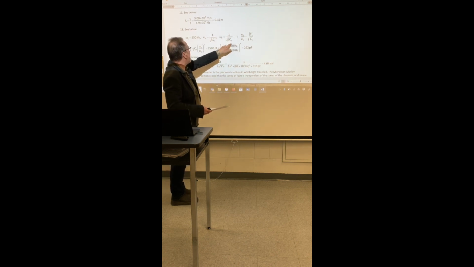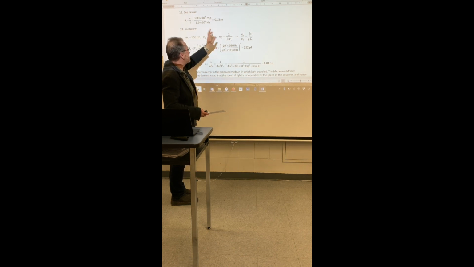What I really want out of this is the capacitance at the second frequency. Now what I could do, I guess, is solve this equation and get the inductance here, and then plug it into that equation and solve it for C2. I'd have to put 2 pi's in. It's messy. Isn't it easier to divide this equation by that equation?